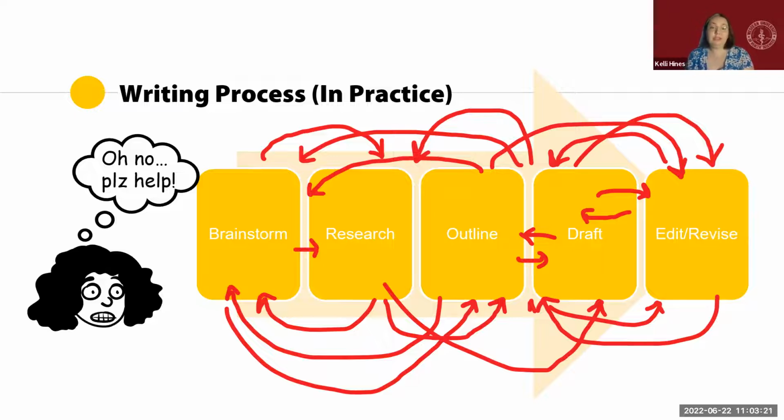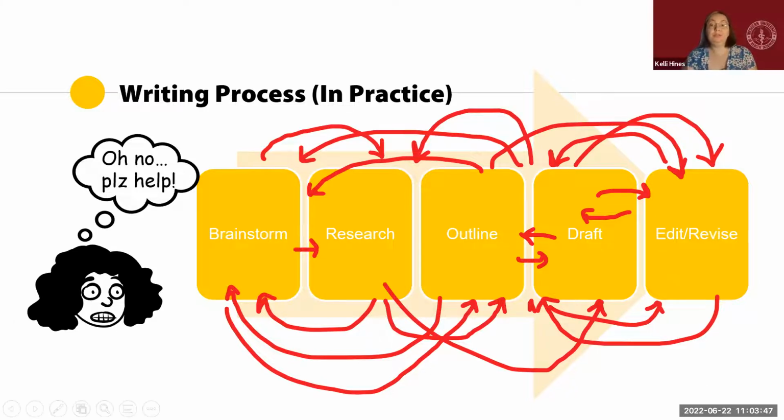Some people edit as they draft, some people outline, some people don't. So what I just want to say is that everyone's process is going to look a little bit different, and you're probably going to do all or most of these parts of the process, but depending on your particular writing style or your approach or the needs of your life, you might do things in a different order from other people, and that's okay.